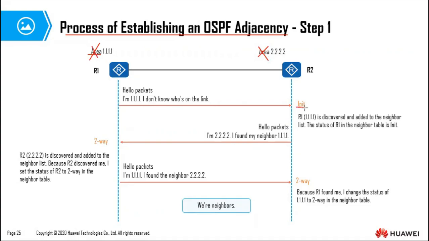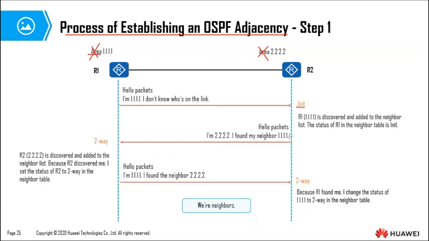Init for initialize, right? Are you together? So now R1 is discovered and added to R2's neighbor list, and the status of R1 in the neighbor table is init.